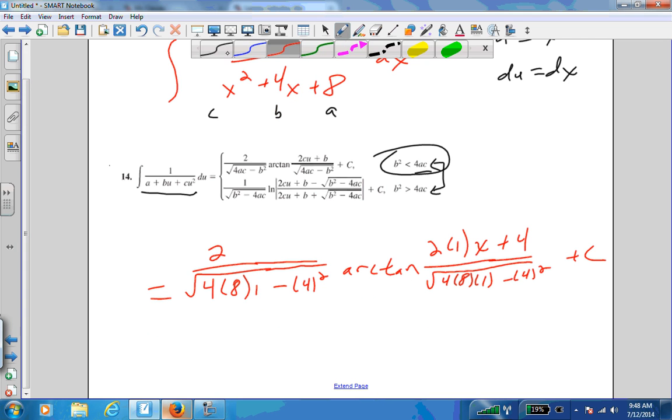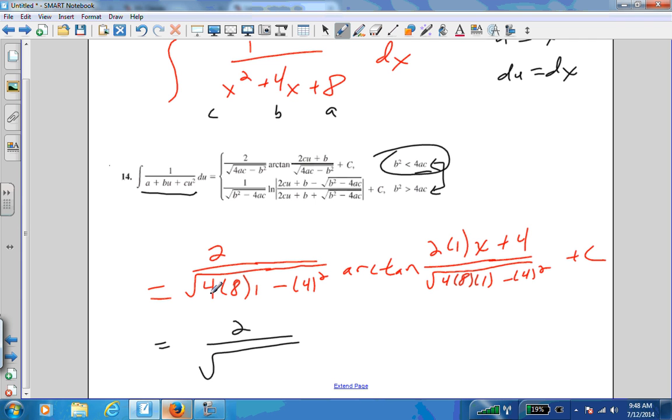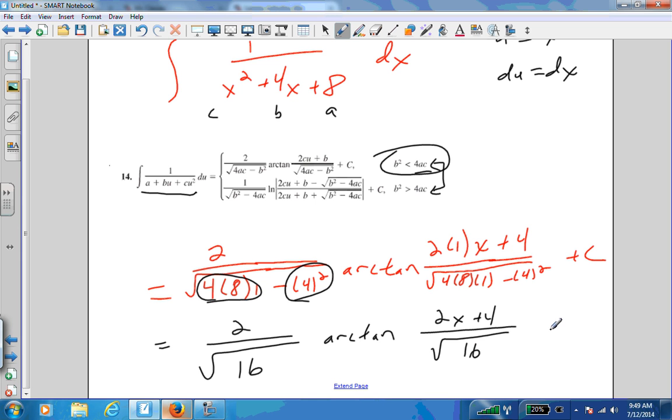If we do a little simplifying here, we have 2 over the square root of 32 minus 16, which is 16, arctangent of 2x plus 4 over the same radical, 32 minus 16, so 16.